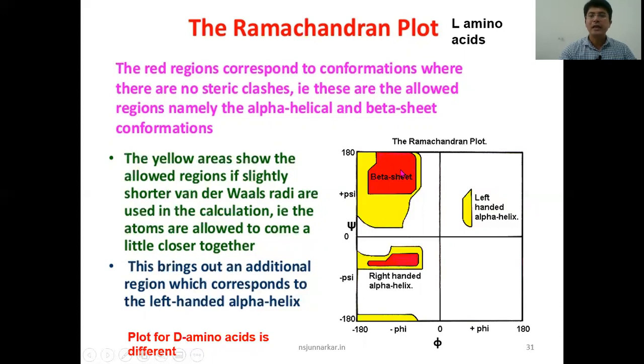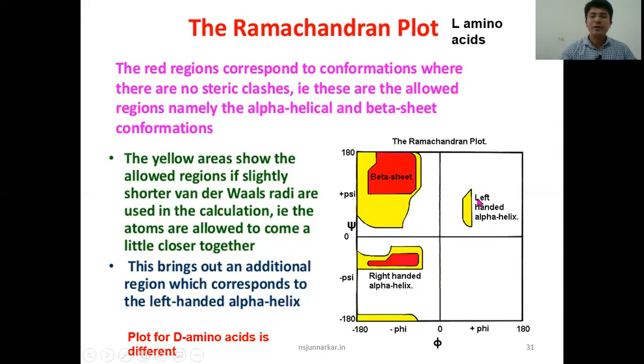So for L amino acids, the beta sheet structure can have the phi and psi values in the upper left quadrant, whereas the right-handed alpha helices will have the phi and psi values in the lower left quadrant, whereas the left-handed alpha helix can have the phi and psi values in the upper right quadrant.